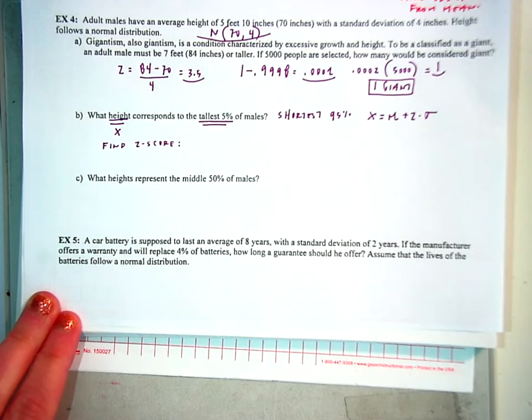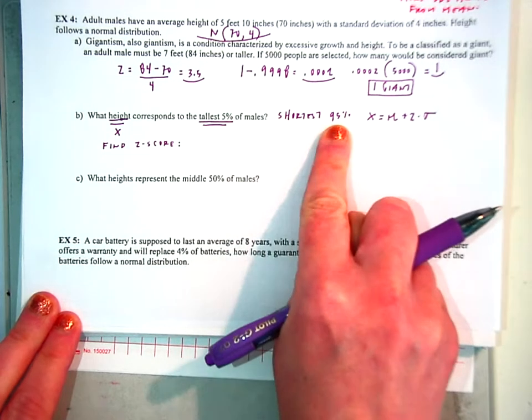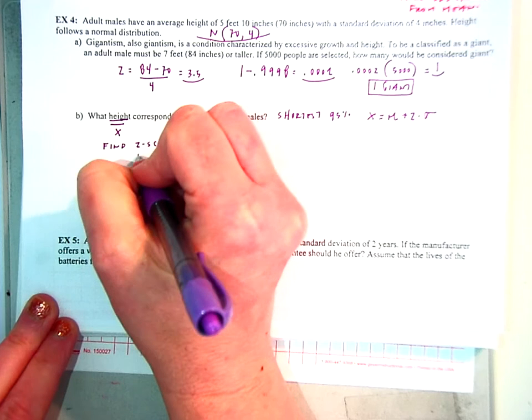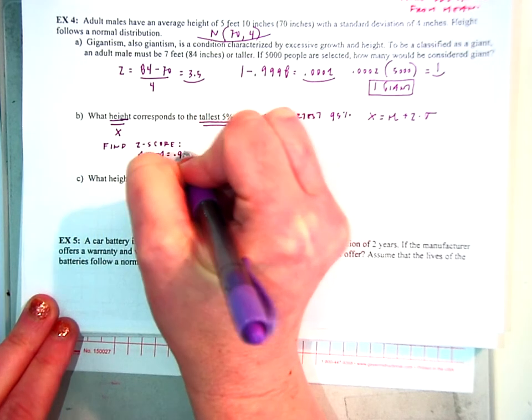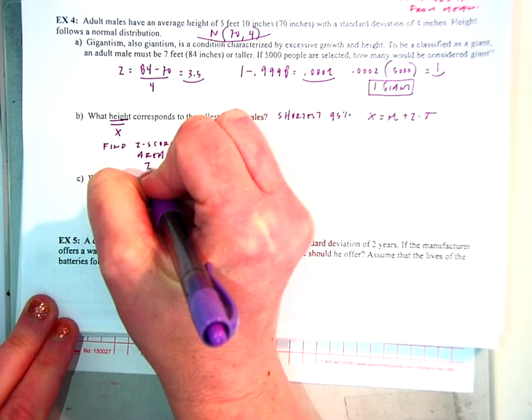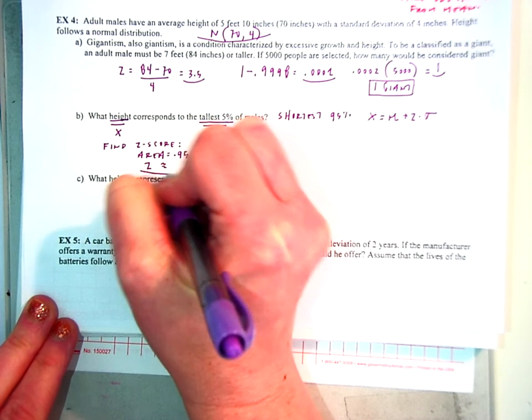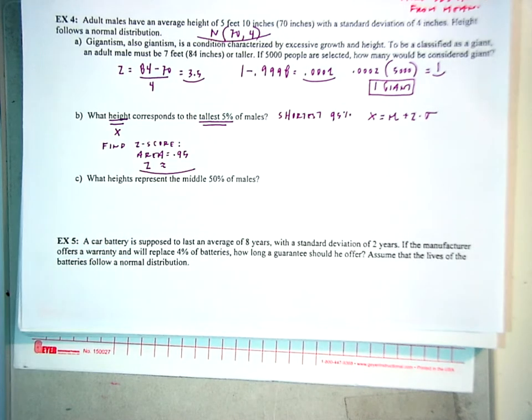I need to know, well, what is the area below? What is the proportion below? So I'm thinking shortest 95%. I'm looking at an area below of 0.95. So I need to find the z-score that is closest to an area of 0.95.